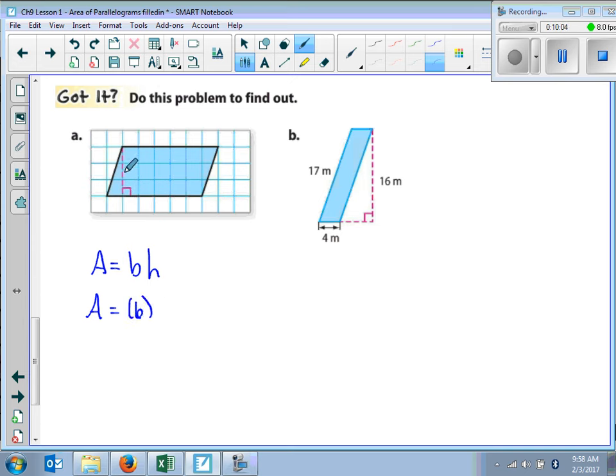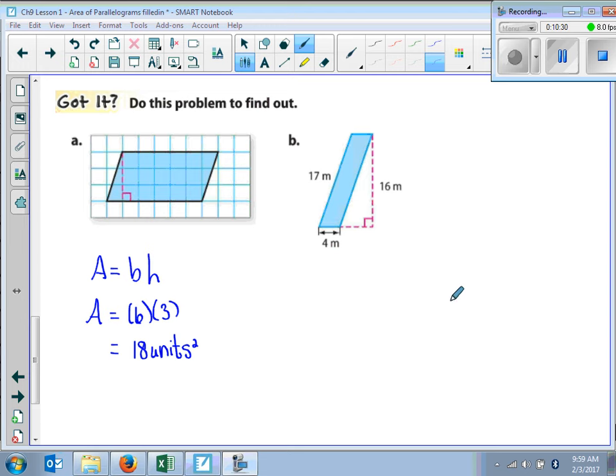And the height is 1, 2, 3. So that's 6 times 3, which is what? 18. What's my label going to be? Units. Very good. Units what? Squared. Is everybody clear? Piece of cake?